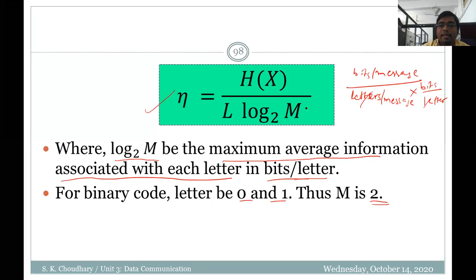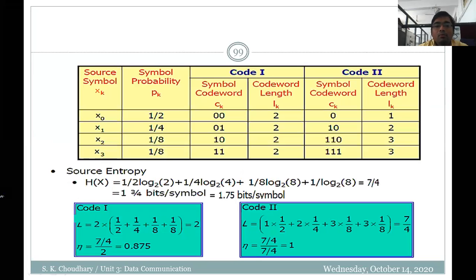So you can neglect the term log base 2 M for binary coding. But if you have multi-level coding, you have to mention this. We will see from the examples. Now, if you come here to one of the examples of this code efficiency.